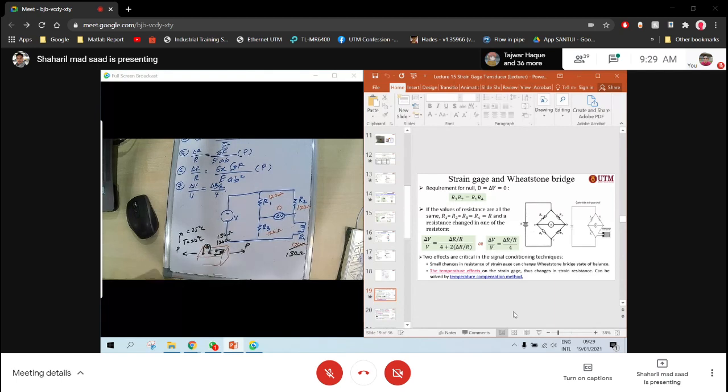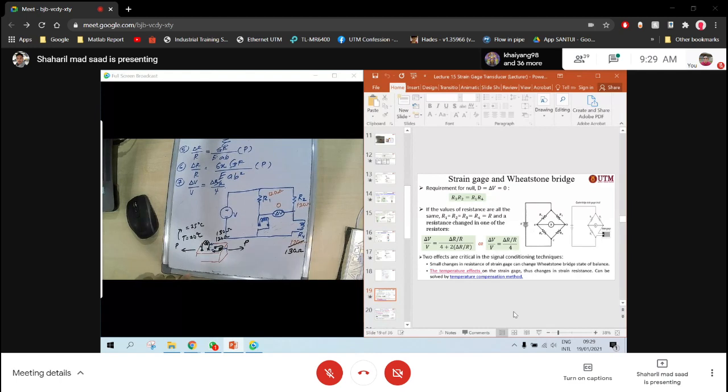Remember, only this one is sensitive, and this one is not sensitive. So maybe I put another strain gauge here, but in a different direction.